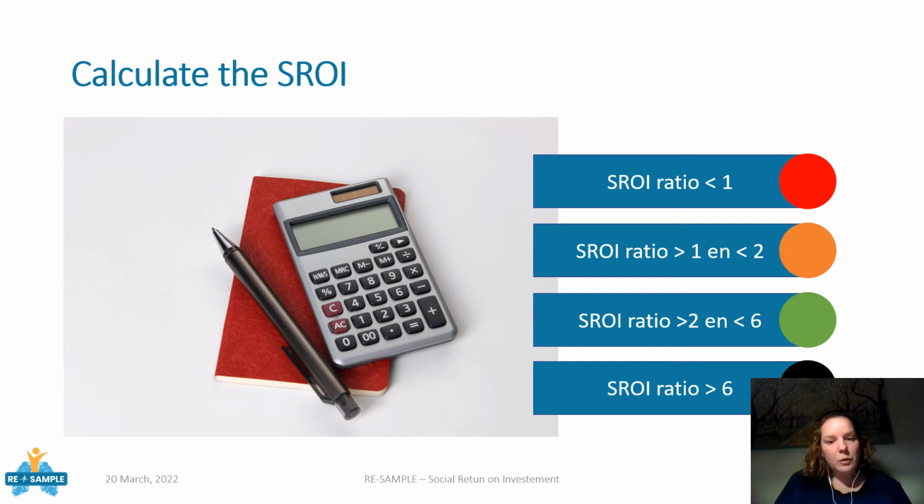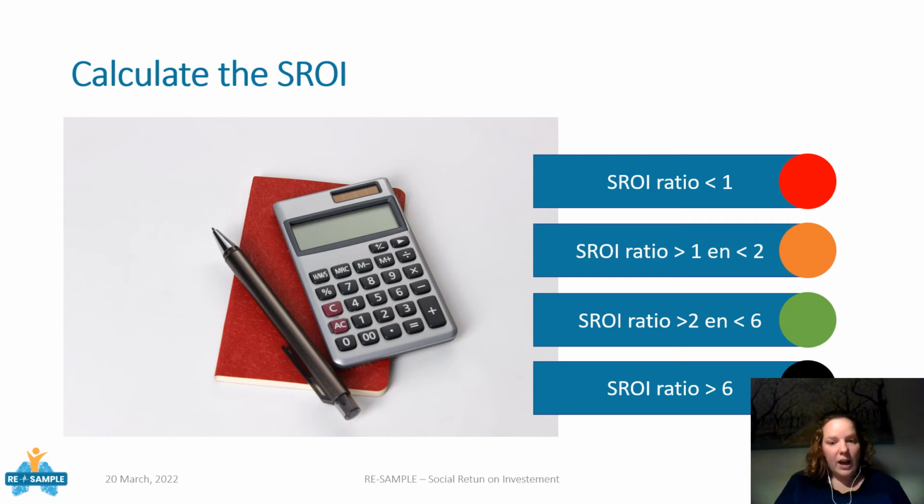When there's a ratio between 1 and 2, it's a very conservative SROI, and then you should continue. When there is an SROI ratio between 2 and 6, then you have a valuable product, and you should continue with this innovation, especially when there is commitment between the stakeholders.